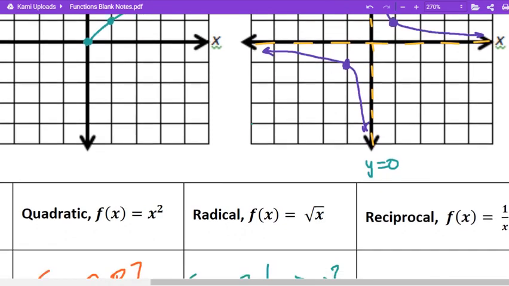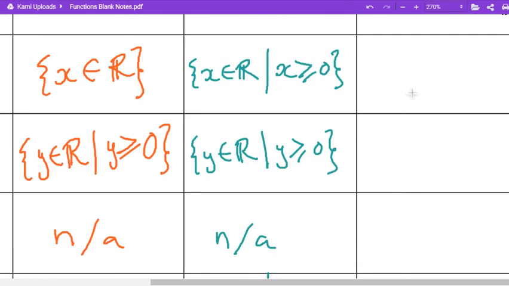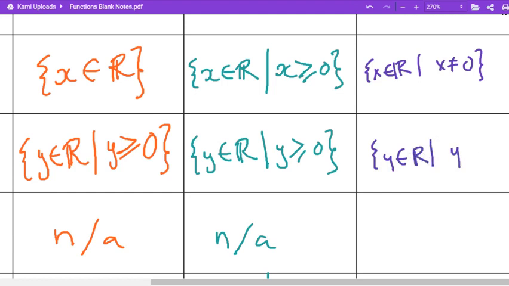Let's fill in the graph. For domain, x belongs to the entire set of real numbers such that x does not equal 0. This domain is a weird one because you're basically just using the asymptotes. Range, y belongs, we're almost done, to real numbers such that y does not equal 0.